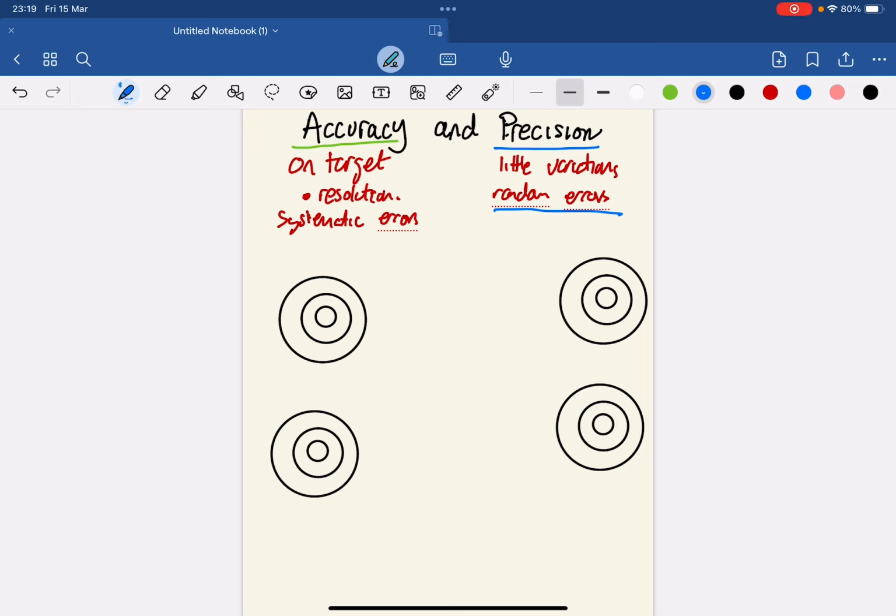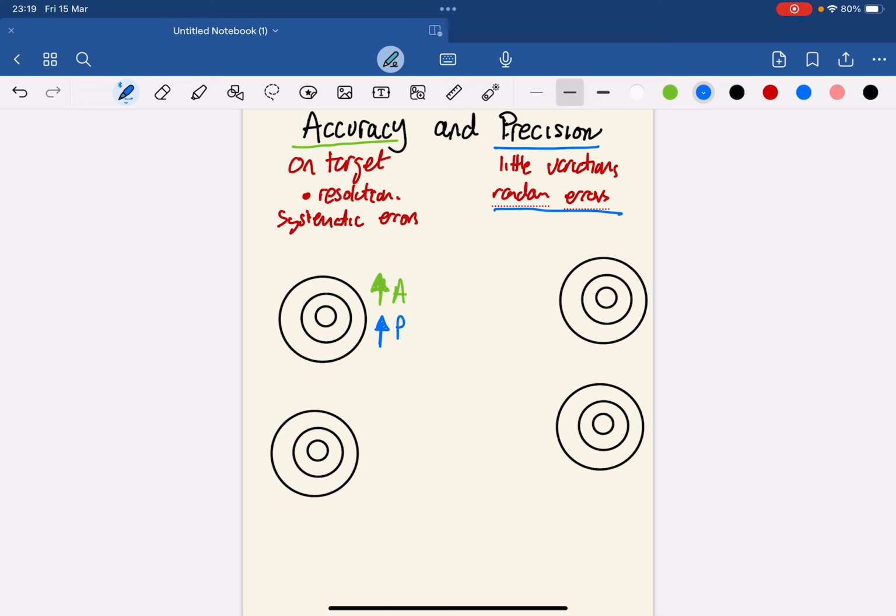So when we look at this, we quite often see a nice little dartboard. And it's a really good example of a way to look at these examples. So let's have a look at this first set. Let's have a look at a high level of accuracy, but also a high level of precision.